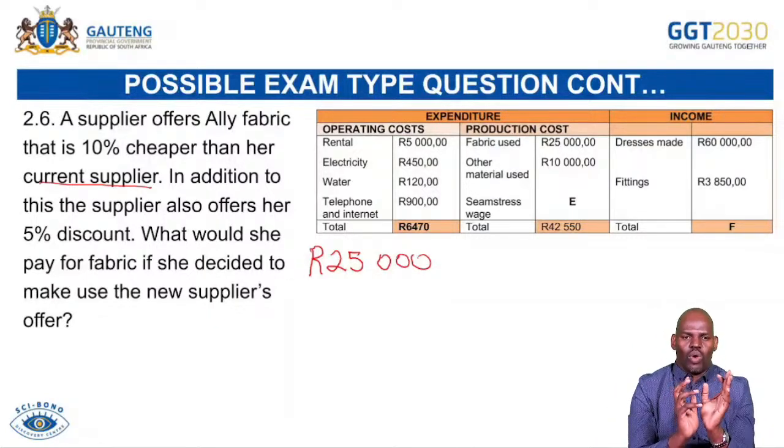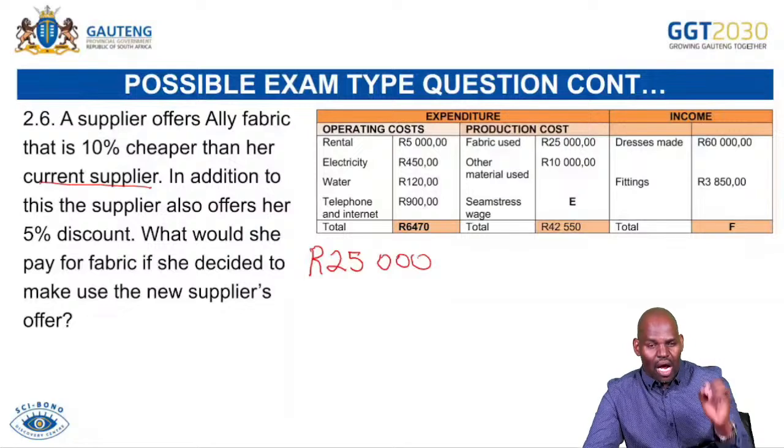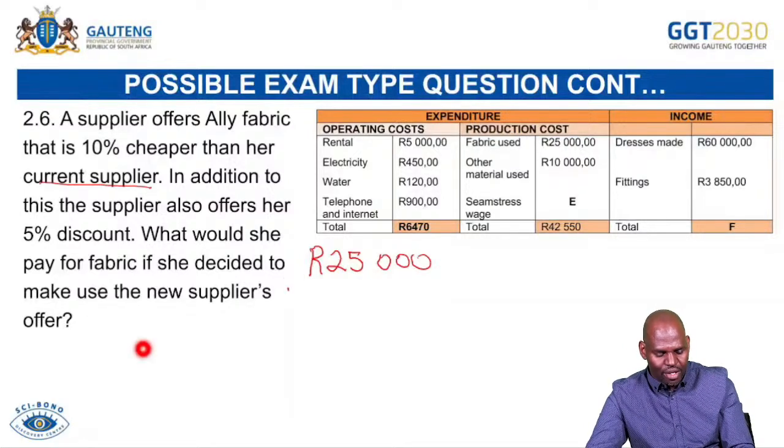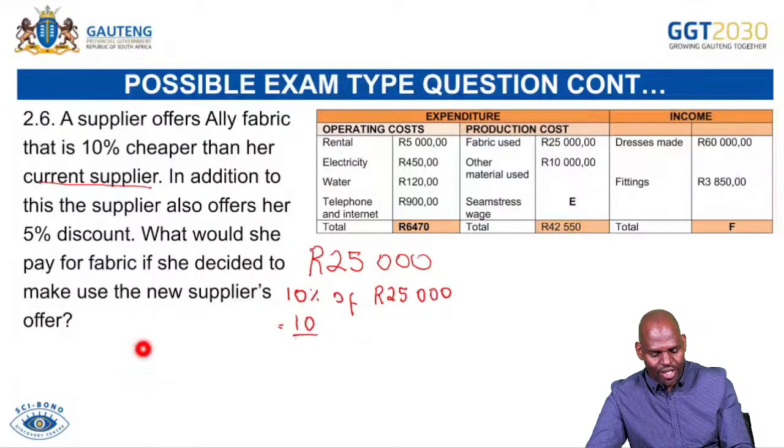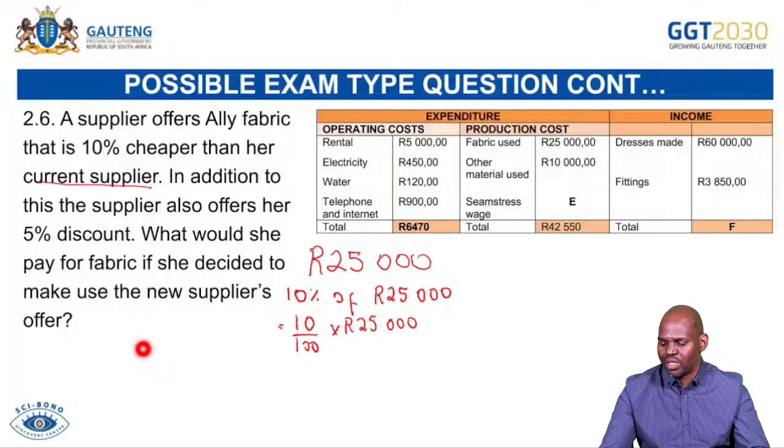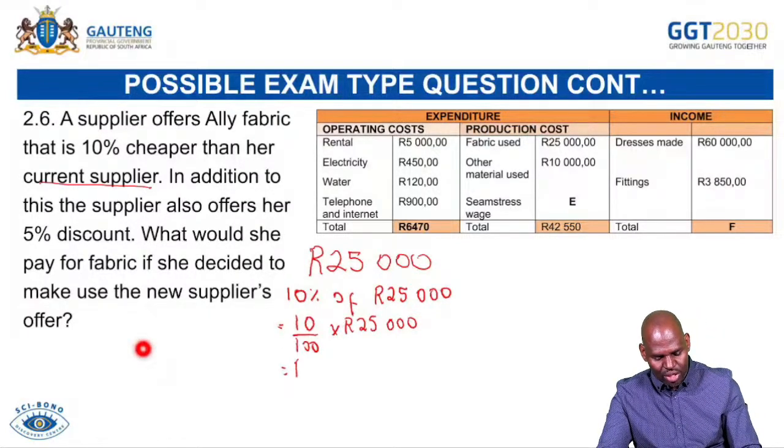There's actually more than one way of doing the answer in this case, but I know that most of you will prefer this one, where you first calculate 10% of 25,000. Then you say this is the same as 10 over 100 multiplied by 25,000. If you calculate that, then this is 2,500.